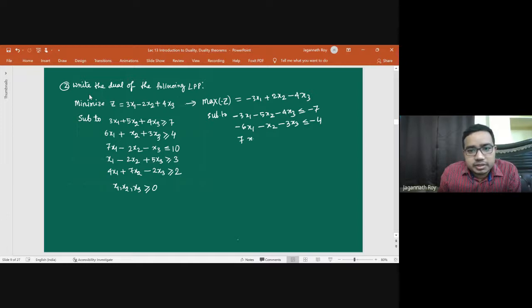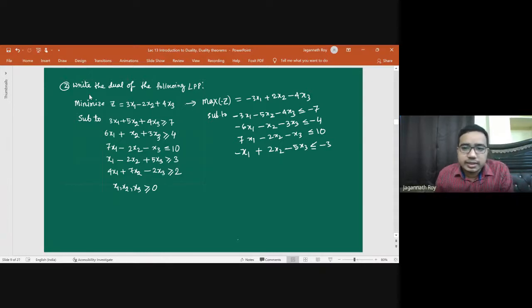It is already there: 7x1 plus 2x2 minus x3 less than or equal to 10. Then x1 minus 2x2 plus 5x3 less than or equal to minus 3. And finally minus 4x1 minus 7x2 plus 2x3 less than or equal to minus 2.